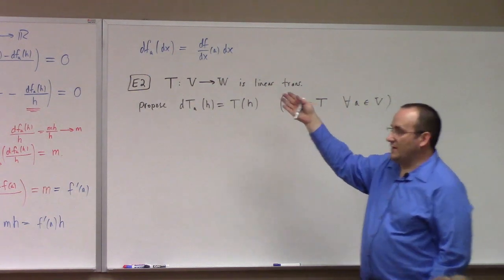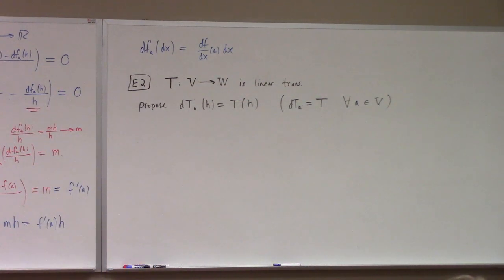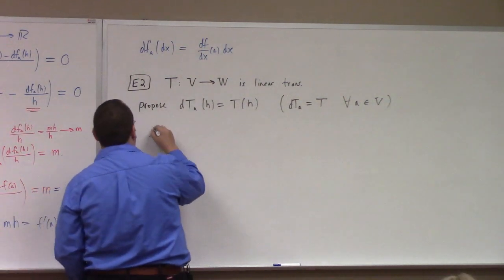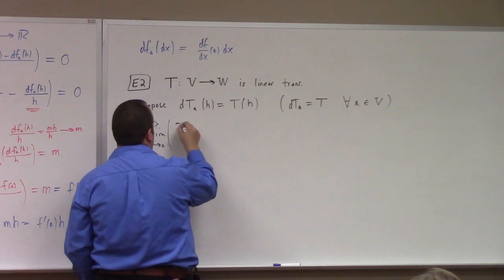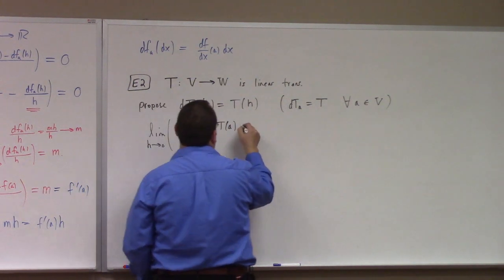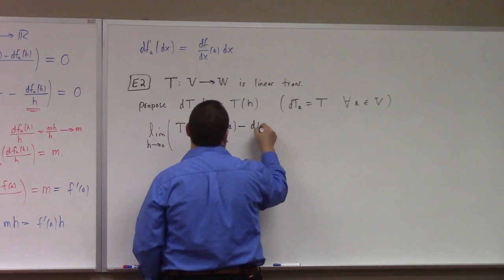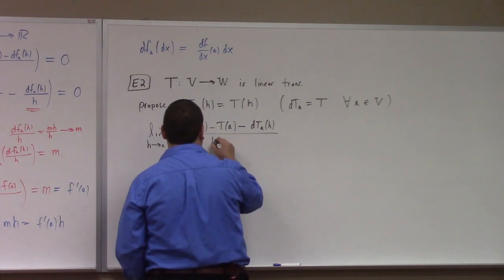Now what do I have to do? I have to show that it satisfies the Frechet quotient, right? So let's do that. What's the limit as h goes to 0 of T of a plus h minus T of a minus dT_a of h, divided by, of course, norm h?